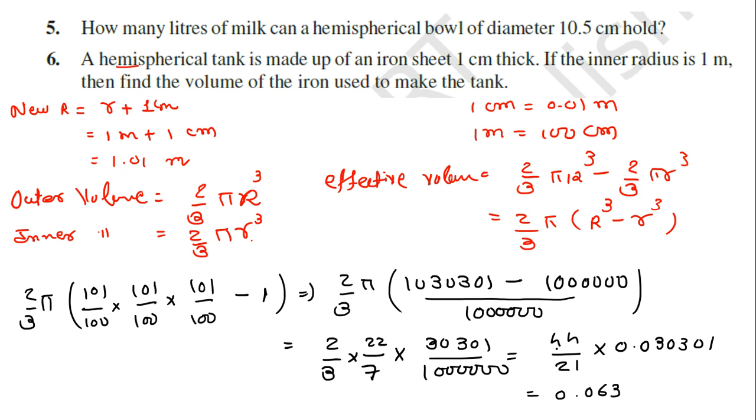Why this kind of answer has come? Then find the volume of iron used to make this tank, and this is in meter, so meter cube. This kind of answer has come, 0.0634 meter cube.